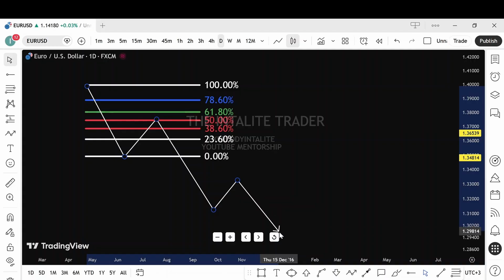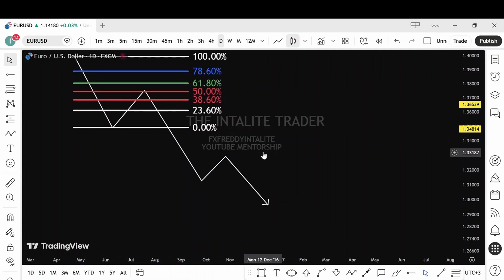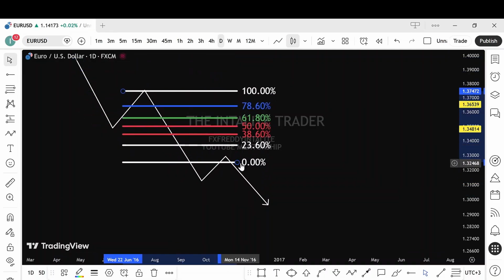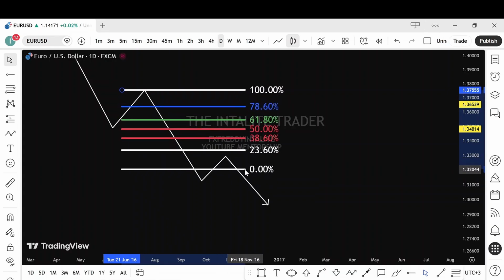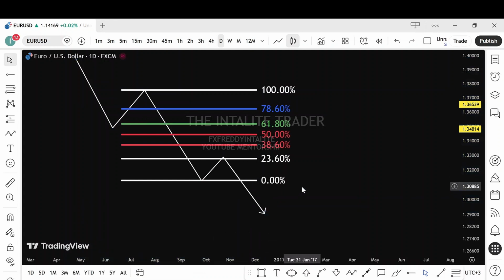As long as the market is trending, price can give you a pullback of 22, it can give you a pullback of 23%, and then it continues down.